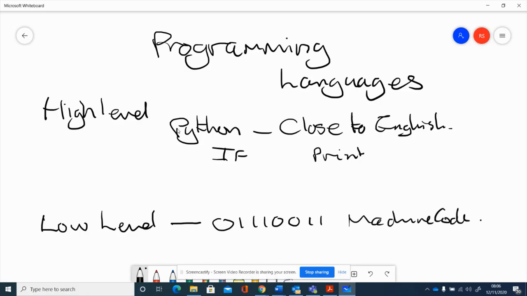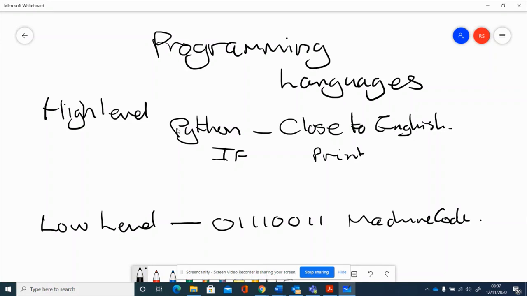So binary language that the processor understands, or the processor can interpret, is machine code, and that is the lowest level language. So when we write in Python, it needs to be converted into a low-level language, machine code.